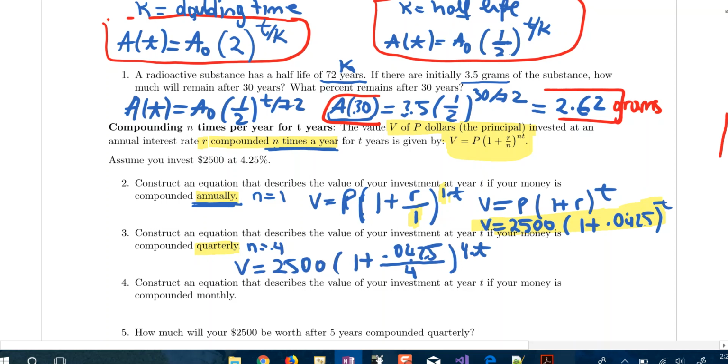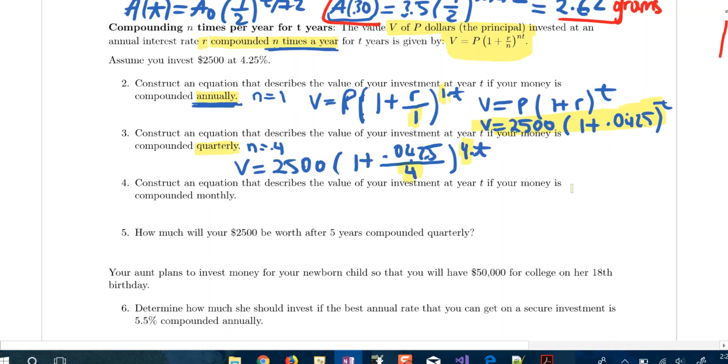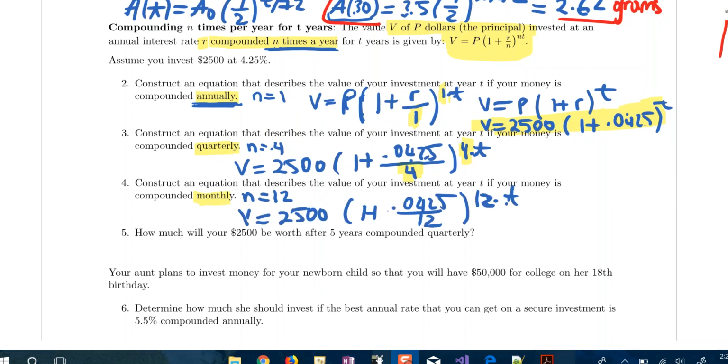The only thing that changed is that n is 4 now. Construct an equation that describes the value of our money if it's compounded monthly. Well, monthly means that n is 12. So I just changed n to 12, and that's the formula we're going to use.